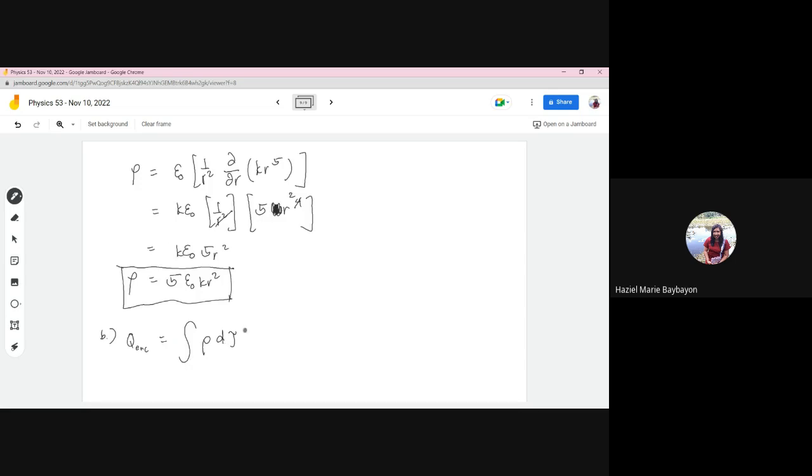And then for spherical coordinates, what is d tau? So you have 5 epsilon naught k r squared. And d tau, recall that d tau is r squared sine theta dr d theta d phi. The order can be written that way, it's the same, but it looks nicer this way.